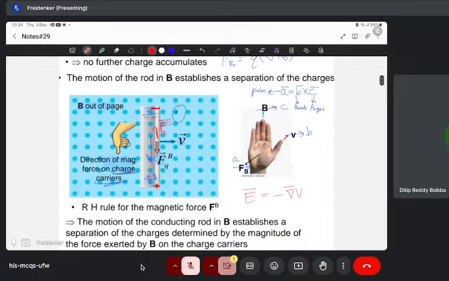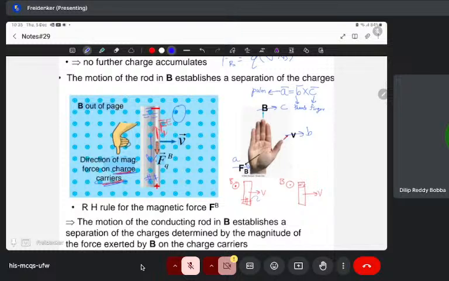What I was telling is, if the charge carriers are electrons or protons or whatever, positive, negative, the final story is the same. What is happening? If you have positive charge carriers, they're all accumulating down. If you have negative charge carriers, they're all accumulating at the top. But the story is the same.